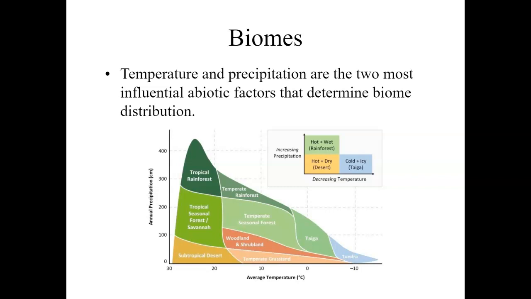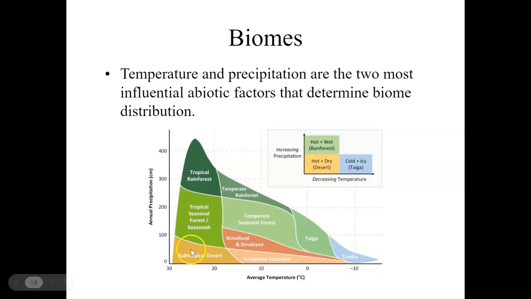And then you can see the different types of biomes that could potentially be present there. So here we have tropical rainforests where the temperatures are really high and the precipitation is also high. And then on this other extreme end, we have the tundra. The tundra has incredibly low temperatures, but also low precipitation.